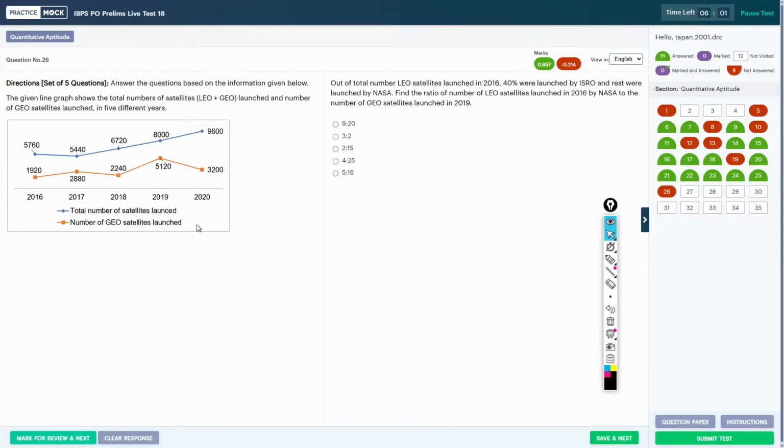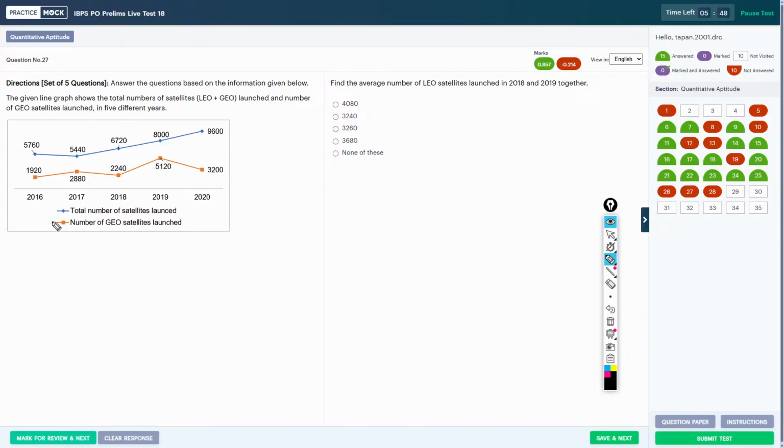Yeah. Total number of satellites, number of GEO satellites. Okay, these are very large questions. Okay, find the average of LEO. So in 18 and 19, right? So 18, 60, 20, 80, and 19, right?